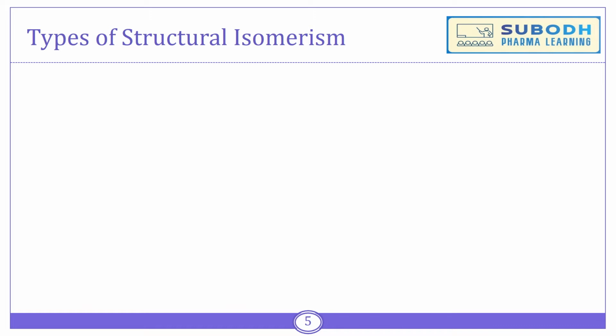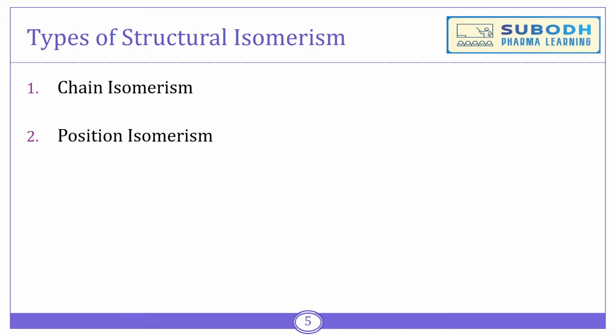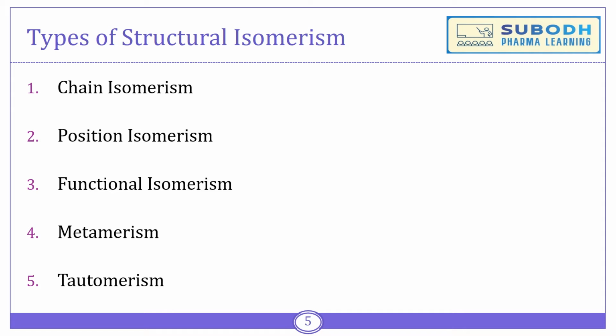There are five types of structural isomerism: chain isomerism, position isomerism, functional isomerism, metamerism, and tautomerism.